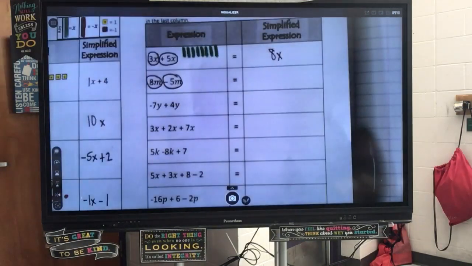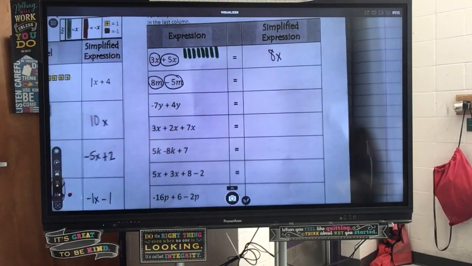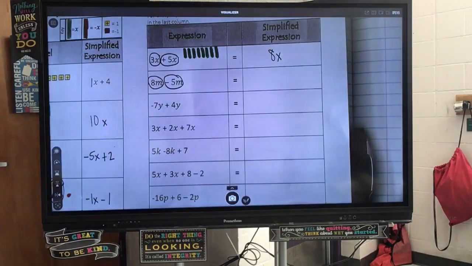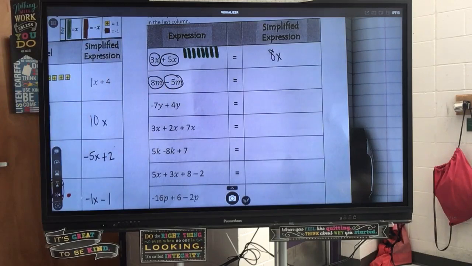So how many green bars am I gonna have? How many green bars? 13. Nope. How many green bars am I gonna have? Oh. How many? 3. No, baby. Listen to my question. How many, if we have these two circled, how many green bars do I have?